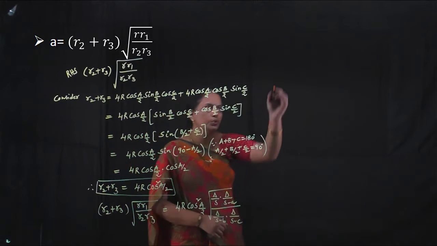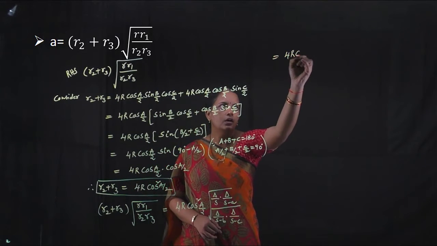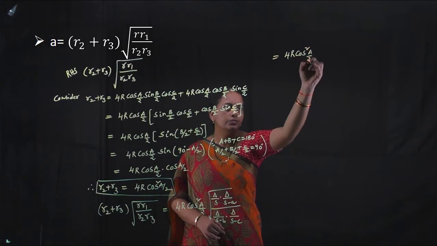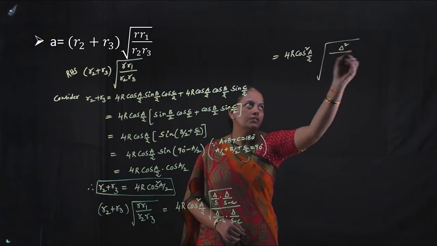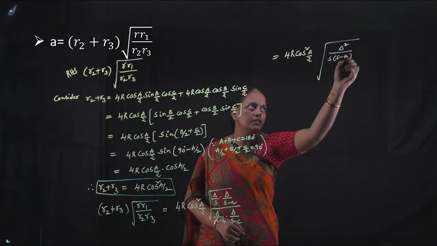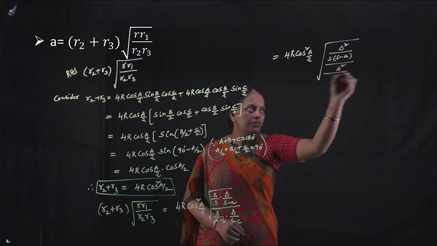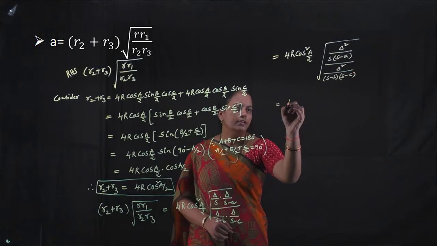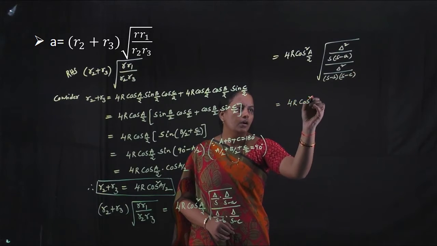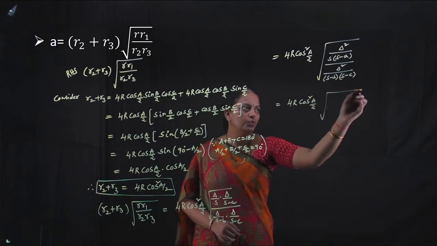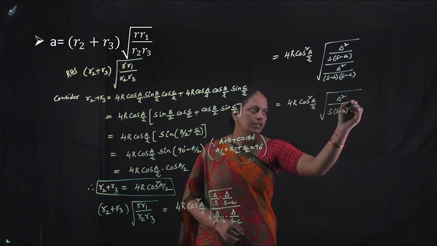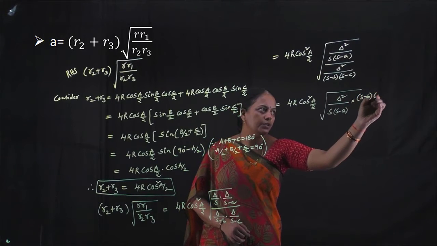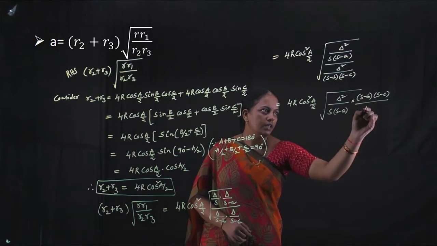This is equal to 4R cos square A by 2 into root over [delta into delta square by s into (s minus a)] by [delta square by (s minus b) into (s minus c)]... that is, 4R cos square A by 2 into root over [delta square by s into (s minus a) into (s minus b) into (s minus c) by delta square].